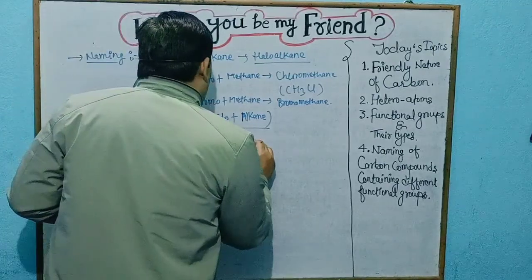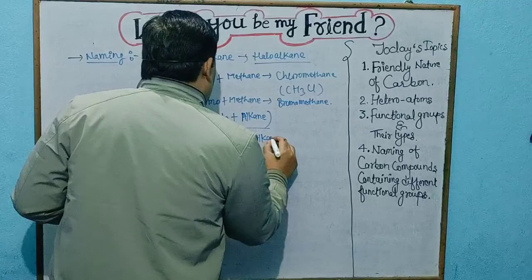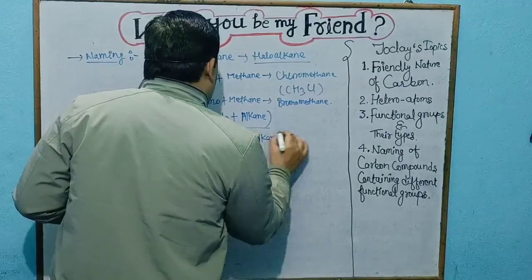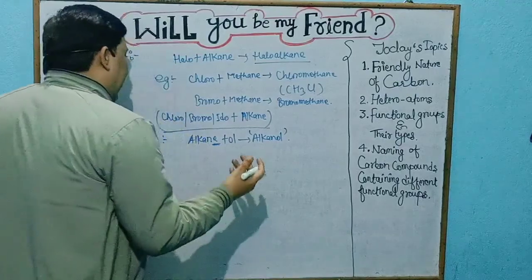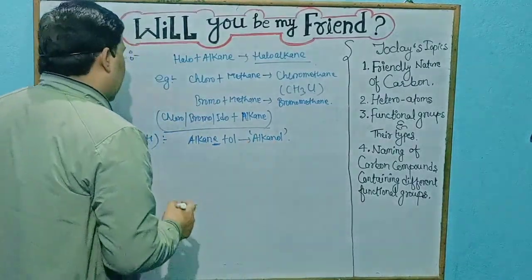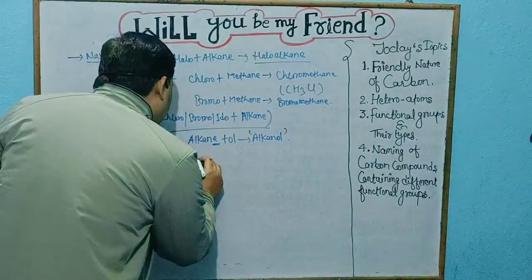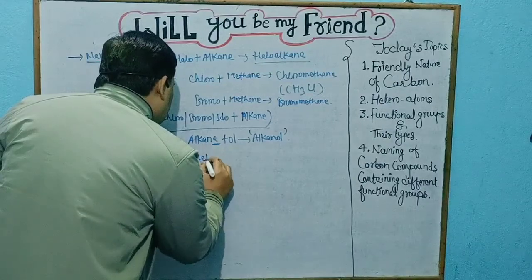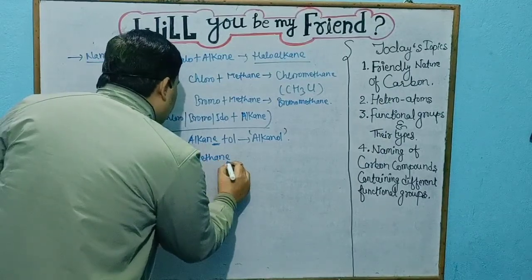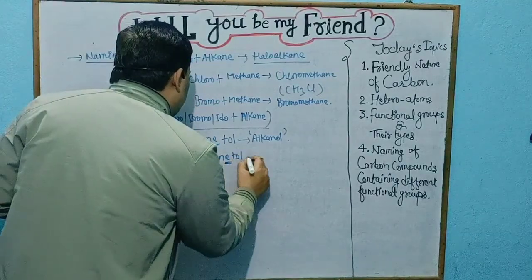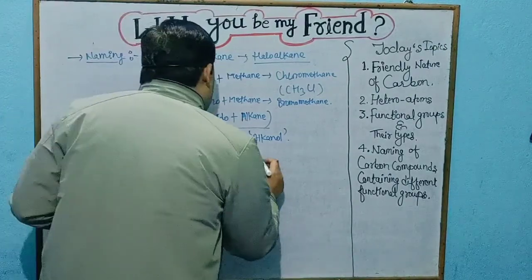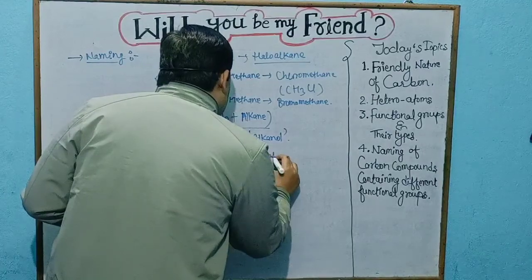It becomes alkanol. For example, if we are naming the alcohol containing one carbon atom, it is methane, so we replace E from methane and add OL to it as suffix. It becomes methanol.